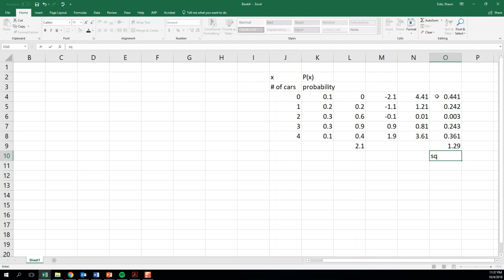And then if you take the square root of the variance, then this is the standard deviation. Okay, so that's the variance, the standard deviation, and this right here is the mean. Okay, and that is of a discrete probability distribution.